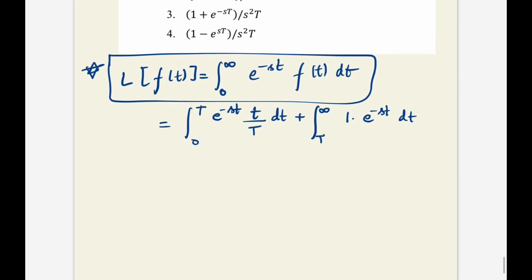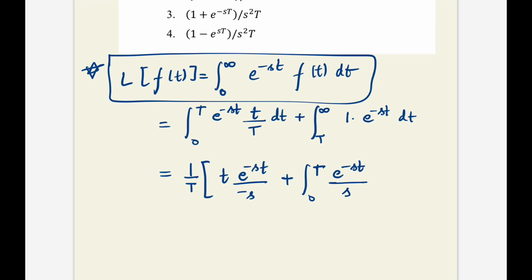Now 1 over T is taken out for the first integral. This becomes t e to the power minus st by minus s. Now another one from the same thing. This will become integral from 0 to T of e to the power minus st, integrating by parts.